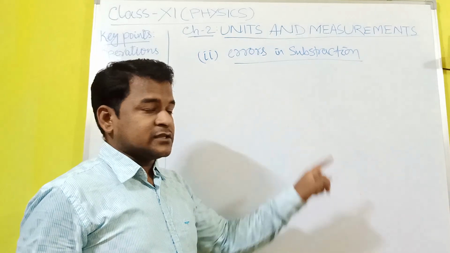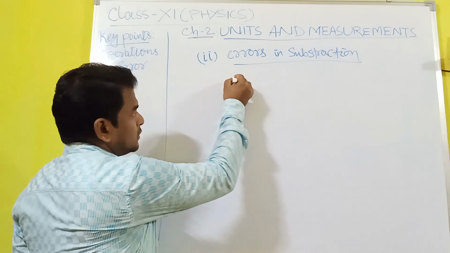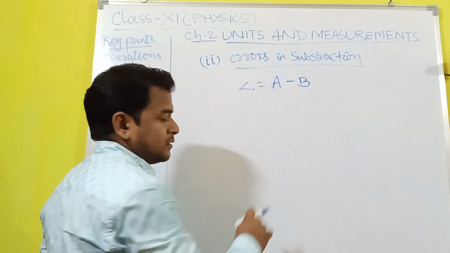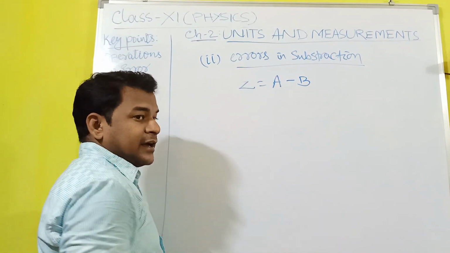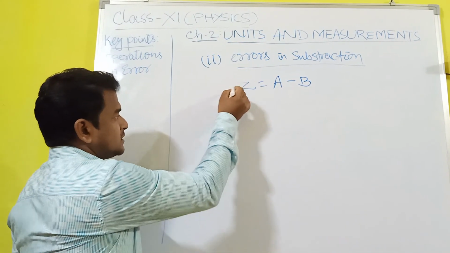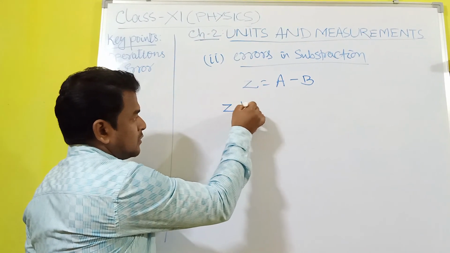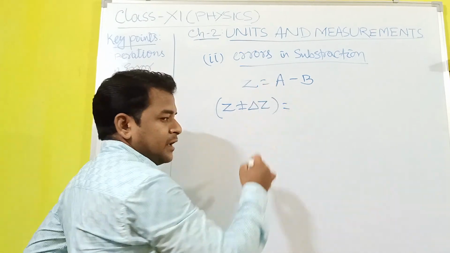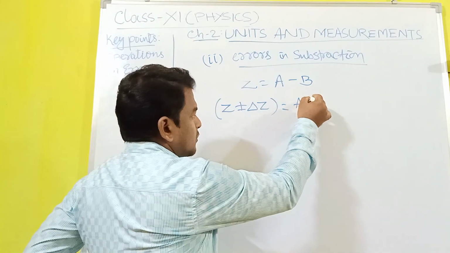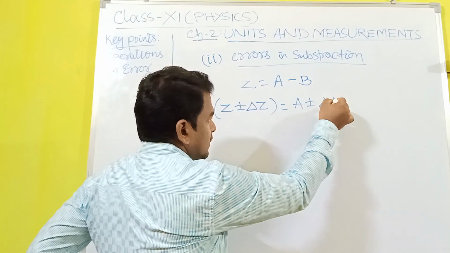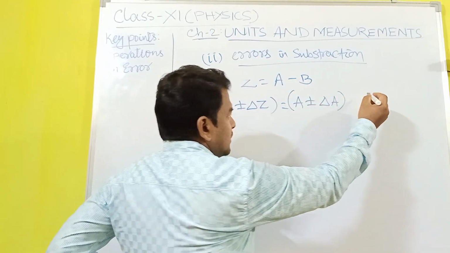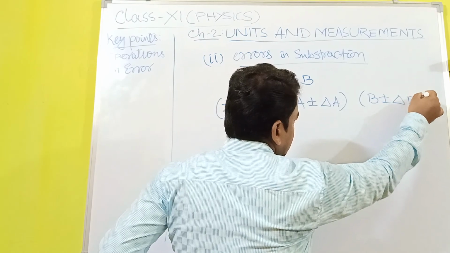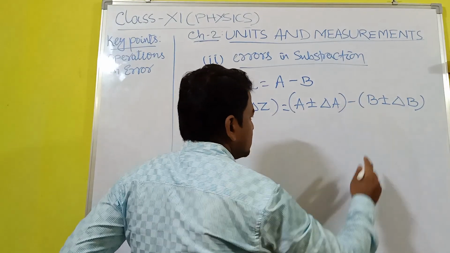Errors in subtraction. Suppose Z equal to A minus B. Now in the error format, how can we express Z plus minus del Z? A plus minus del A. In case of B, we will write B plus minus del B. Minus sign is there, so minus.